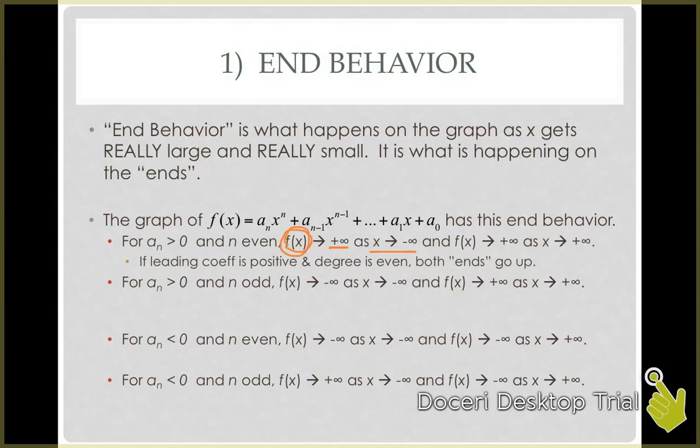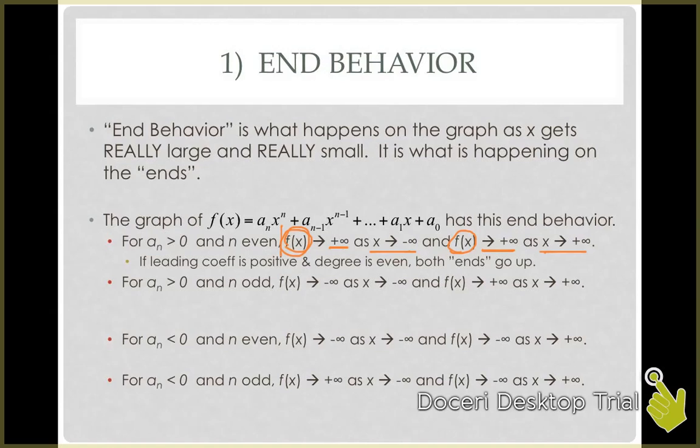The second part says that f of x, which is again still y values, is going to also go to positive infinity, or up, as my x goes to positive infinity. So now we're saying on the right side, as x gets bigger and bigger to the positive side, going farther and farther to the right, then my graph is going to be going farther and farther up toward positive infinity.